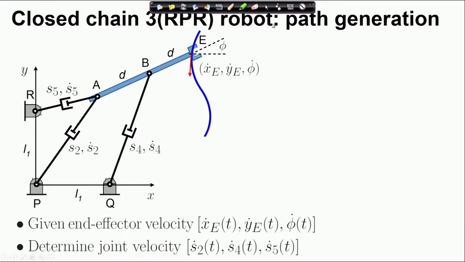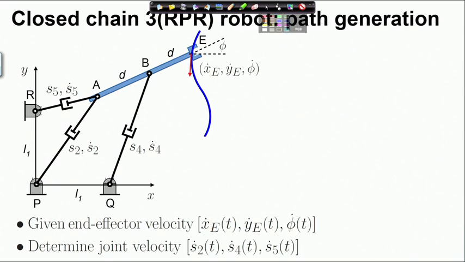Now, let us look at the closed chain 3 RPR manipulator. Here, this manipulator has 3 degrees of freedom.